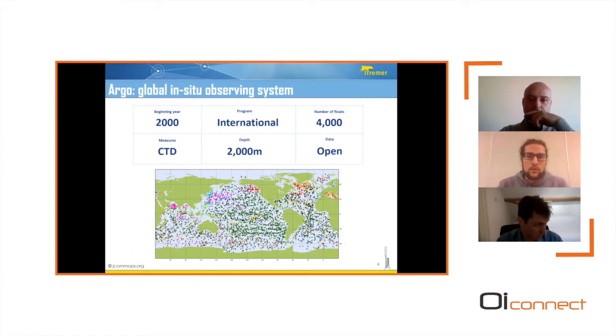There are about 30 countries who work on it. All the data is open, and today there are close to 4,000 profiling floats all around the planet. So the data for the core Argo is recorded up to 2,000 meters.